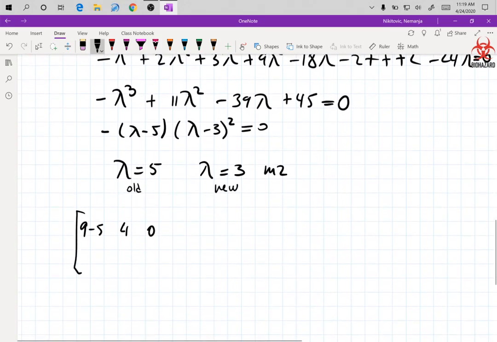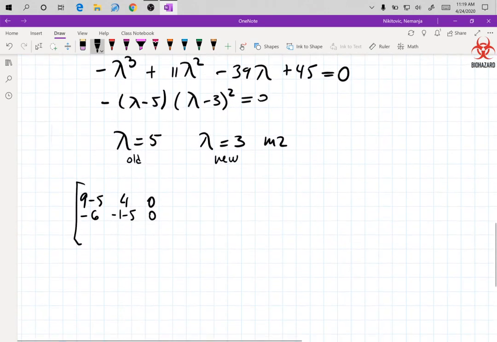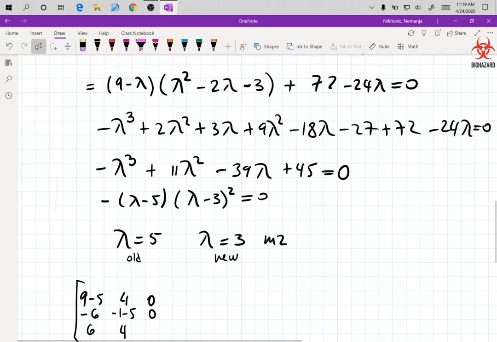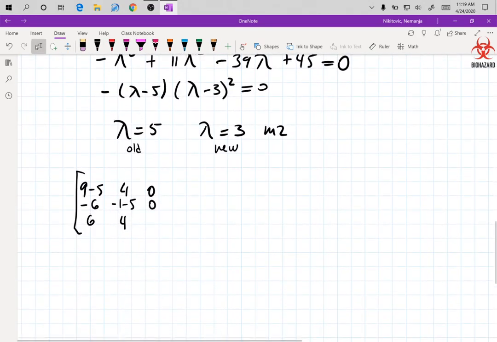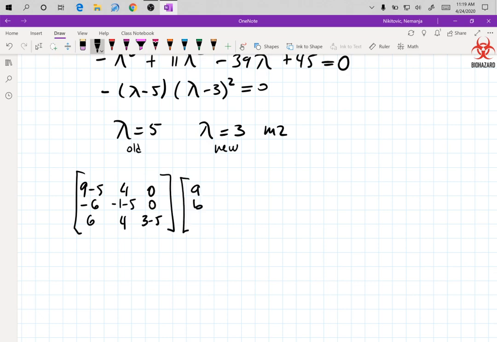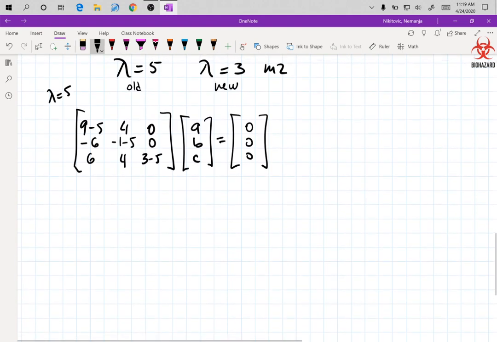Then negative 6, negative 1 minus 5, 0, 6, 4, and 3 minus 5. That needs to be multiplied by the a, b, c vector to give us 0, 0, 0. So this is for lambda equals 5.